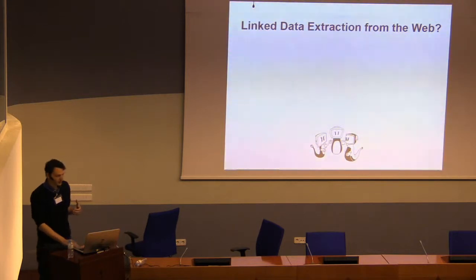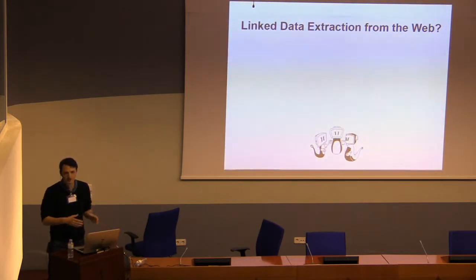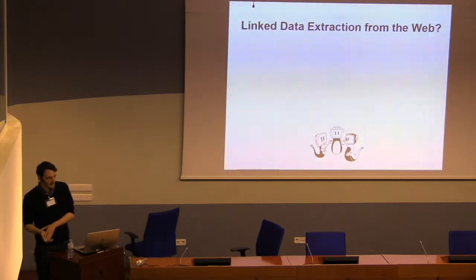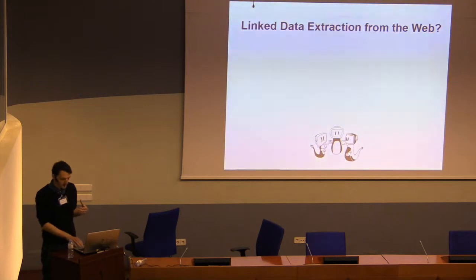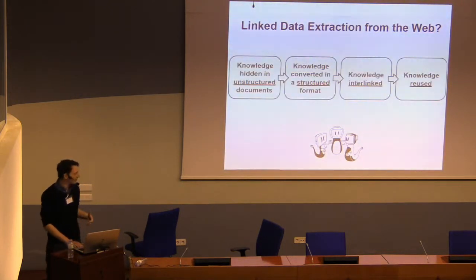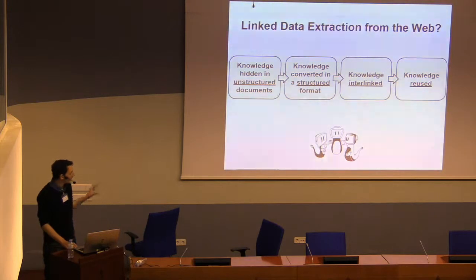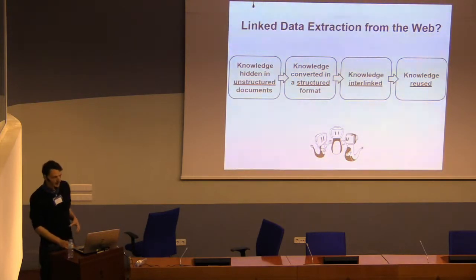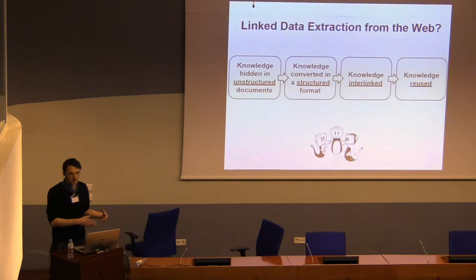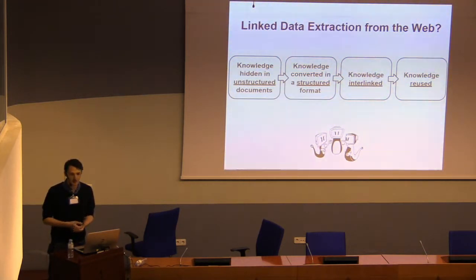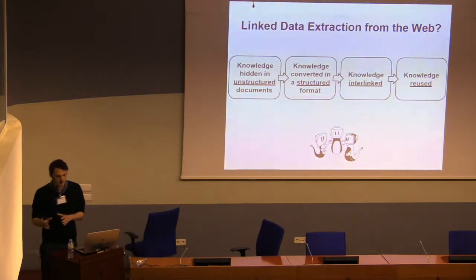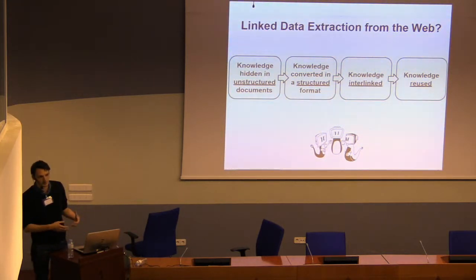And so in order to take this knowledge and integrate it in the linked data cloud, there are some steps that one could follow. There are many aspects to this, but these are a number of things that I think are very important. So first, one would start with unstructured documents found on the web, which contain knowledge which is not easily accessible by artificial agents yet. Then this knowledge can be transformed into a structured format.